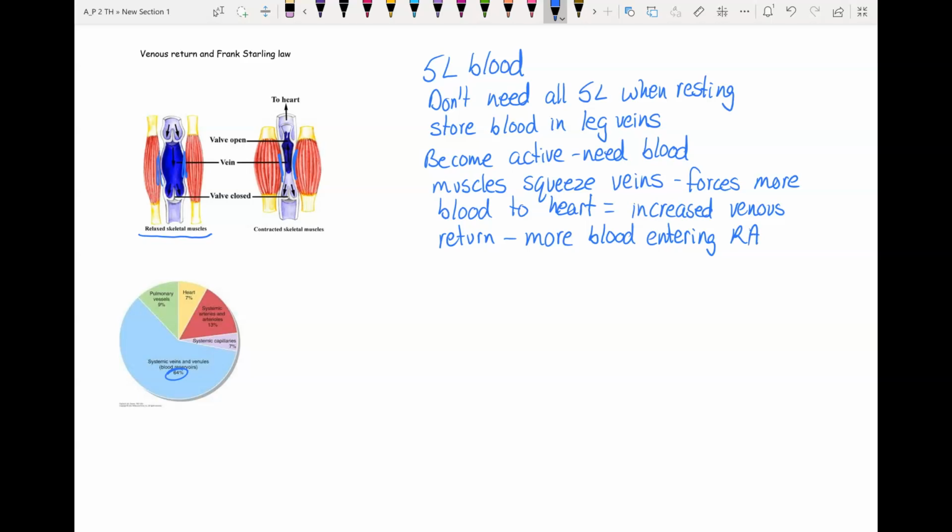Remember end diastolic volume? The amount of blood that fills the heart? That number is going to go up now. You're now going to have a higher end diastolic volume. You're filling the heart with more blood.